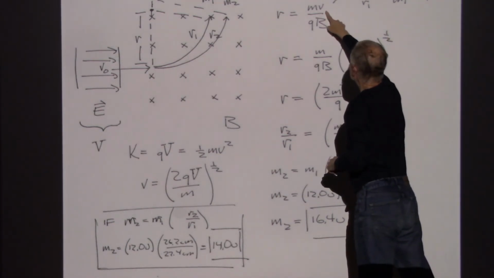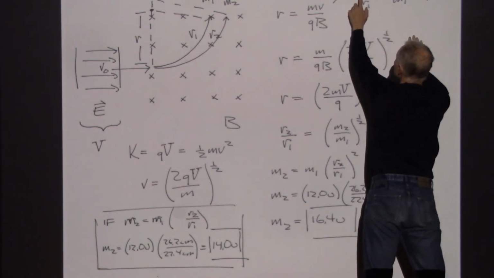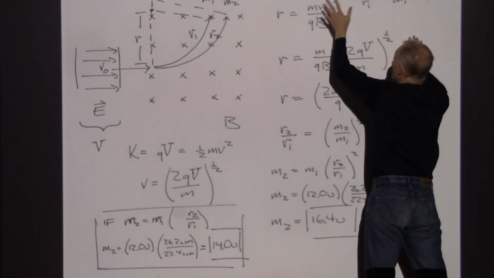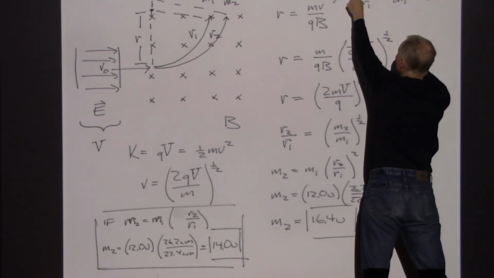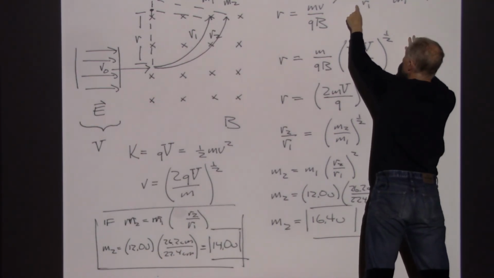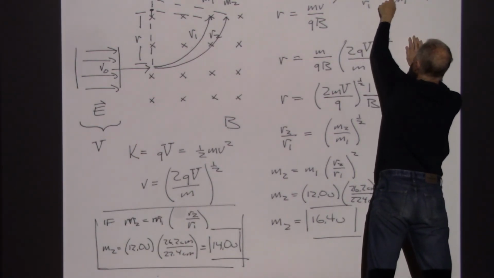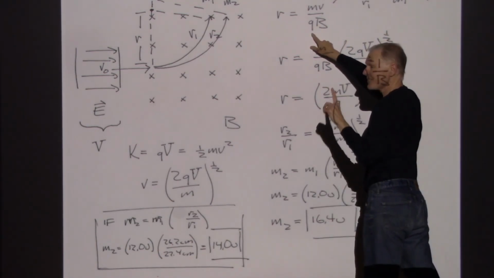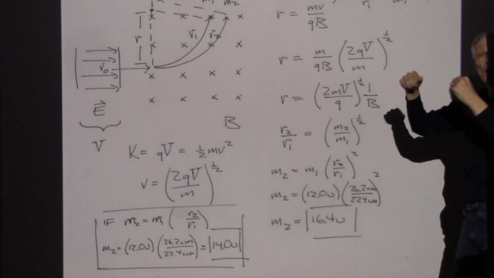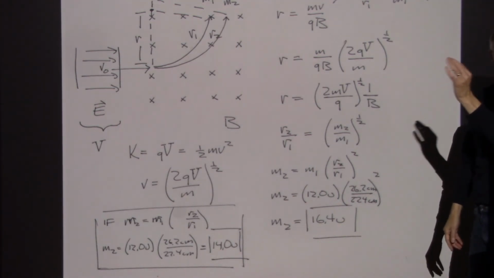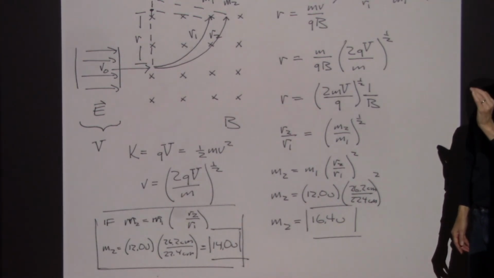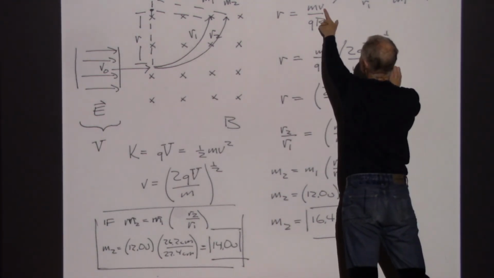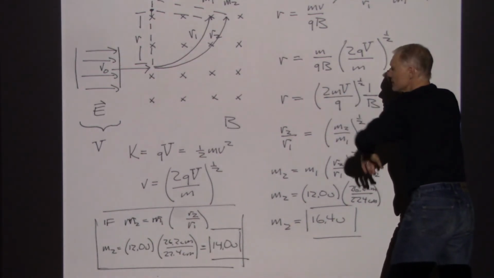Now if that's the case, then I can do ratios and say R2 over R1, the radius of element 2 divided by the radius for element 1, will equal M2 over M1 because they're in the same magnetic field, they've both been singly charged, so most of the molecules end up losing 1 electron and becoming singly charged. And then the velocities too will cancel out because we have velocity selected them.